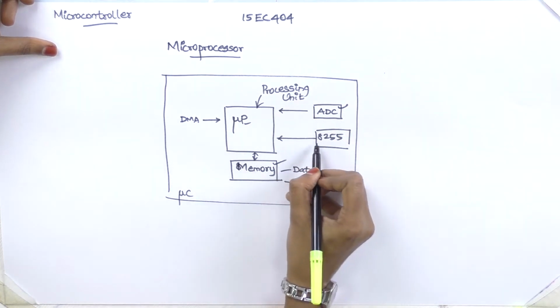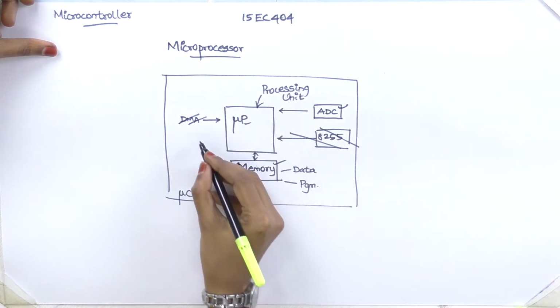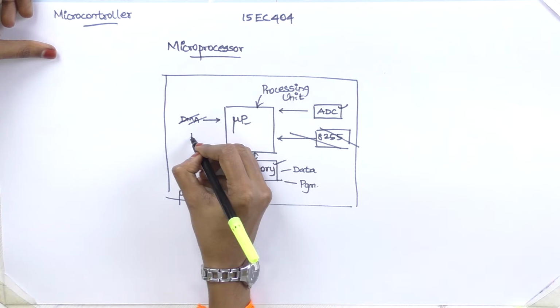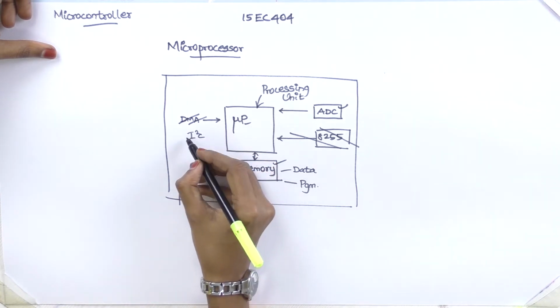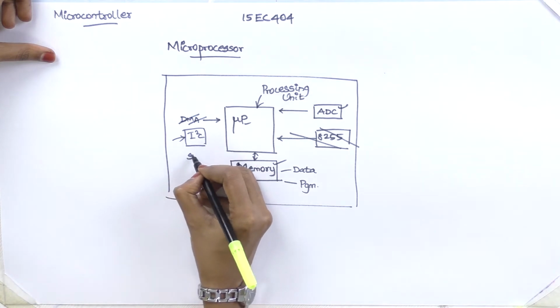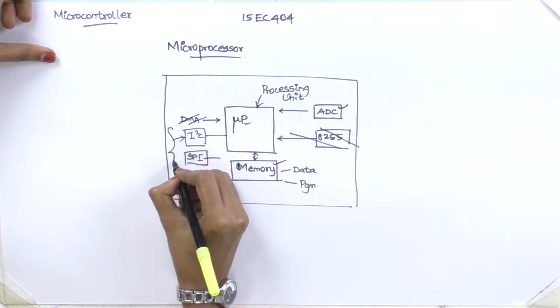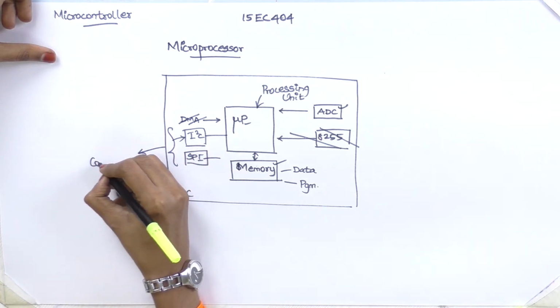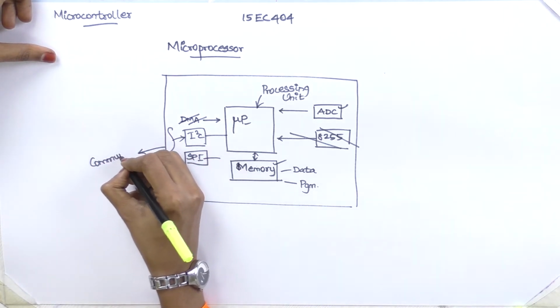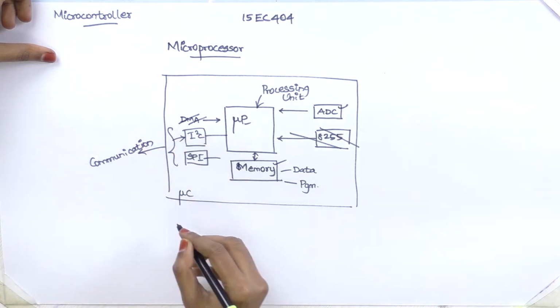There is no need for 8237 here, DMA is also not there in a microcontroller. Then what else? Your I2C for serial communication, SPI, serial peripheral interface. These two devices we use for communication purposes. Such kinds of peripherals can be inside the microcontroller.